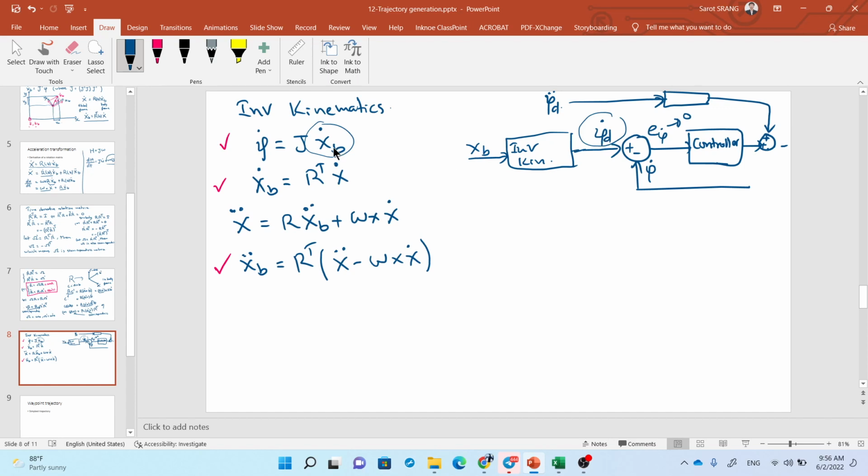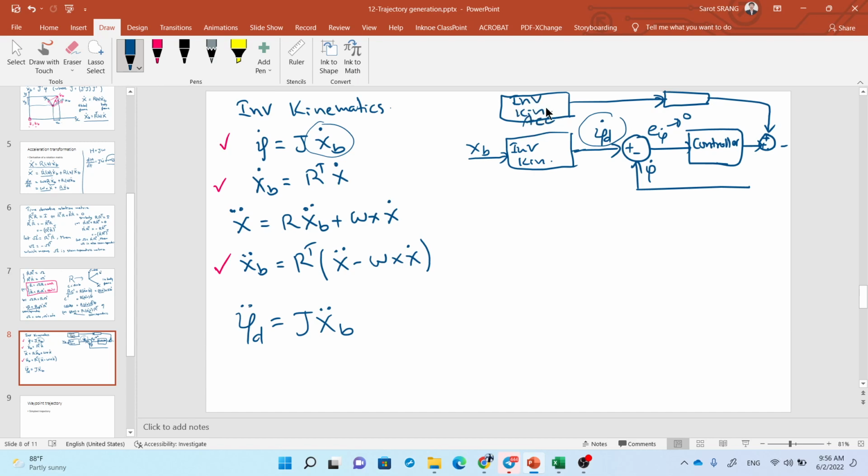Oh, I forgot to give another equation actually. What about phi d double dot? What can I have here? Because J is constant, then I can have HB double dot like this. So to have phi d dot here, or phi d double dot here, I need also the inverse kinematics, but for acceleration.